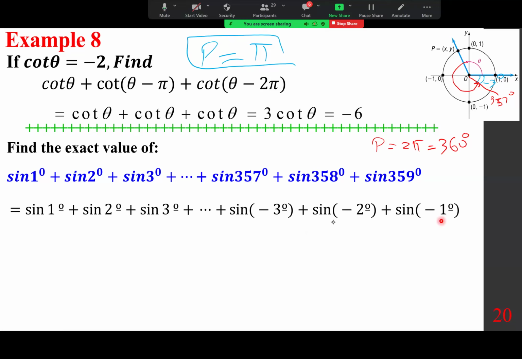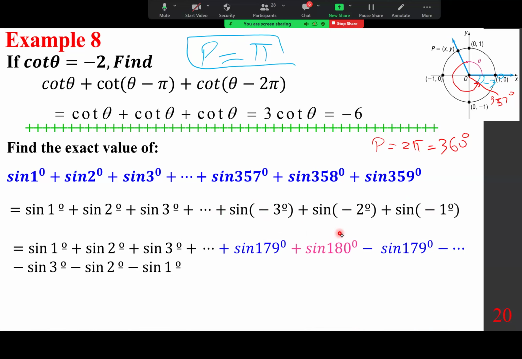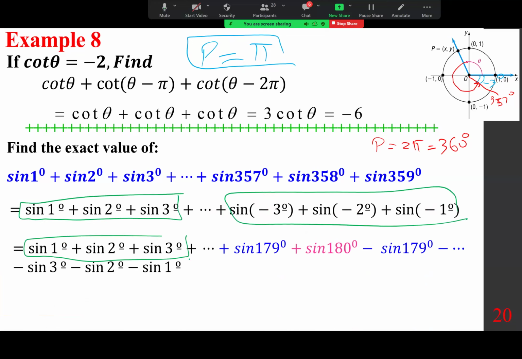And because they are odd, I can take the negative out. So minus sine 3, minus sine 2, minus sine 1 degrees. So this thing continues, and what do we find? First of all, I want to make sure we understand that this part is here, and this part is also here, and they cancel each other.